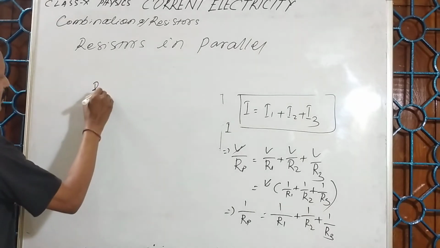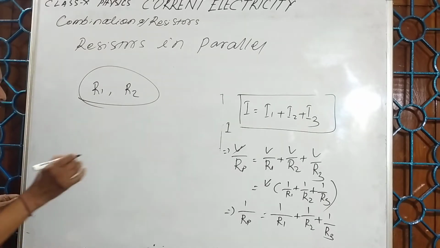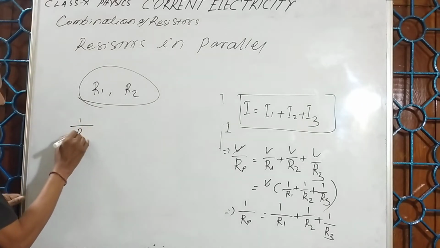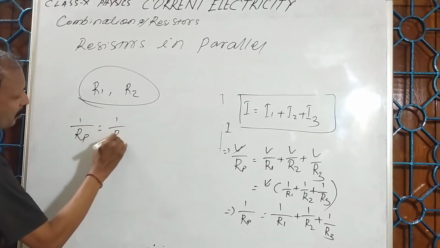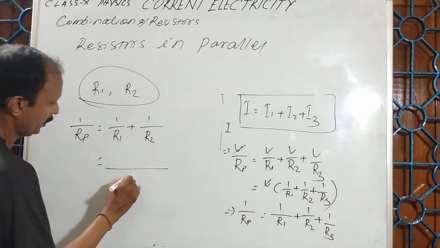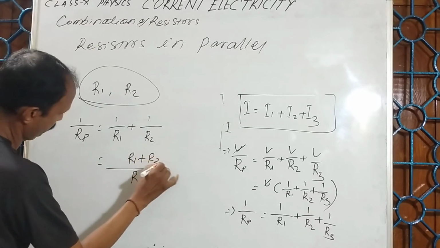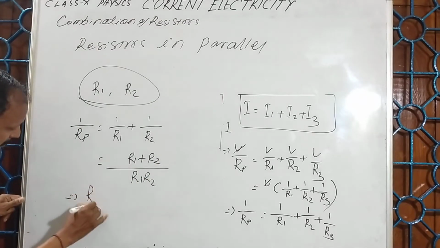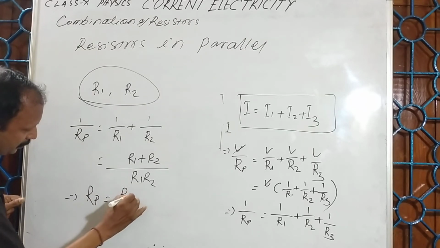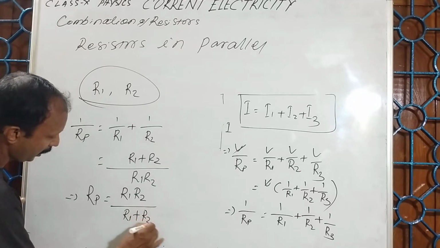So if two resistors R1 and R2 are connected in parallel, I can say that 1 upon Rp is equal to 1 upon R1 plus 1 upon R2. If I take the LCM, it implies that resistance in parallel is R1 R2 upon R1 plus R2.